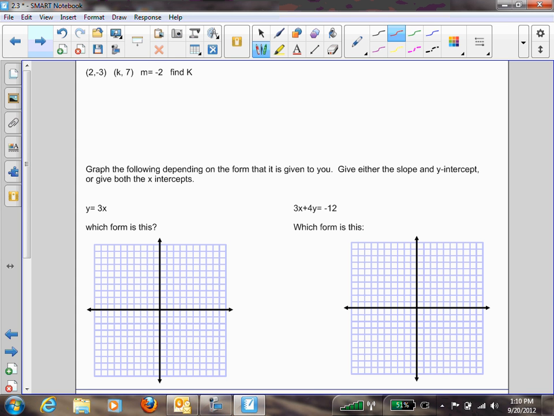Couldn't do this one, but I bet after we do this example, you'll be able to go back and do it. Was this exact one given to you? Okay. So we'll do it in our notes so that you have it, because that's a nice little question to ask on a quiz or a test. It's kind of an extension question. I should say give both the x-intercept and y-intercept.